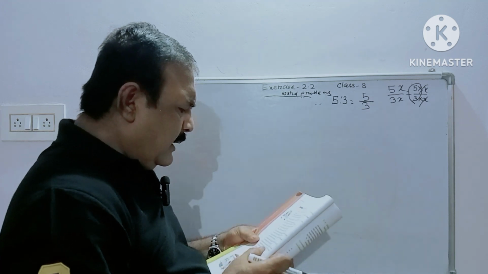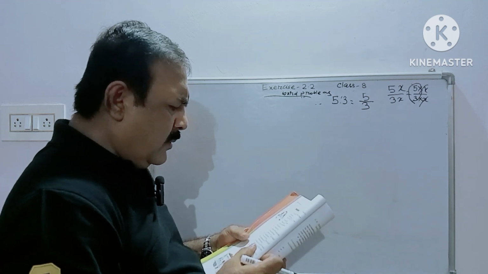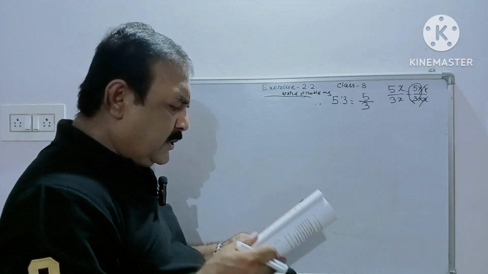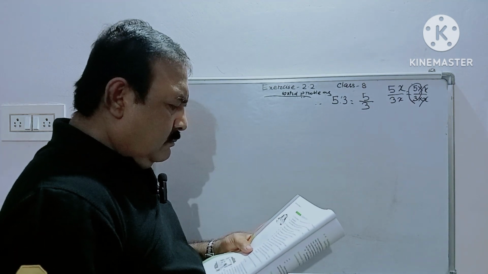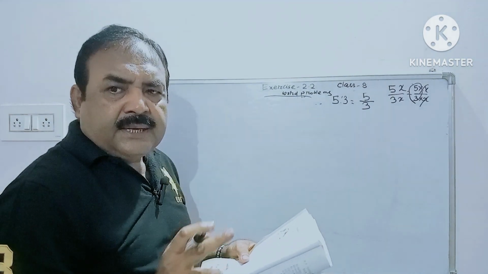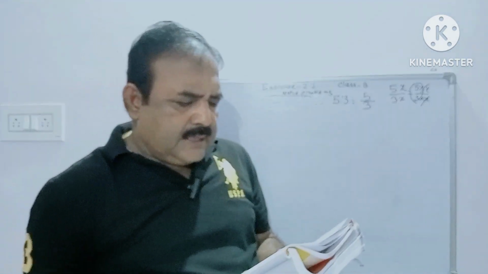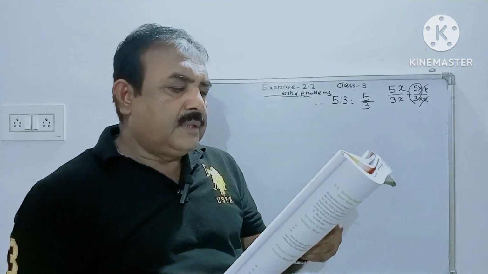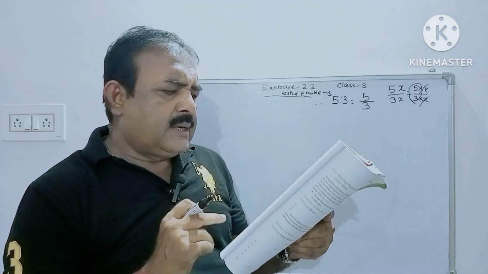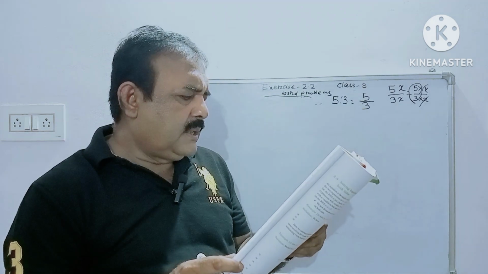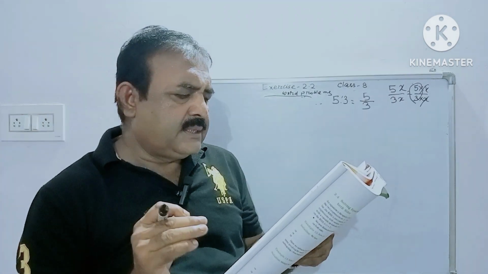Question number 9. The ages of Rahul and Harun are in the ratio 5:7. That is their present ages. 4 years later, the sum of their ages will be 56 years.